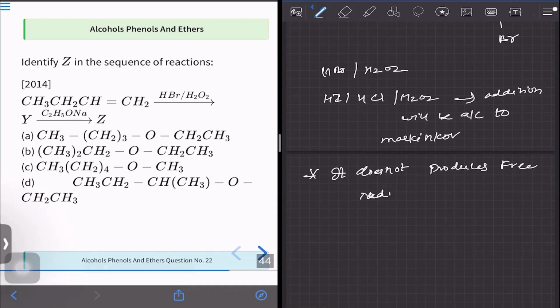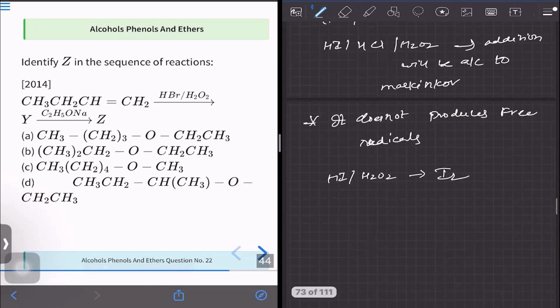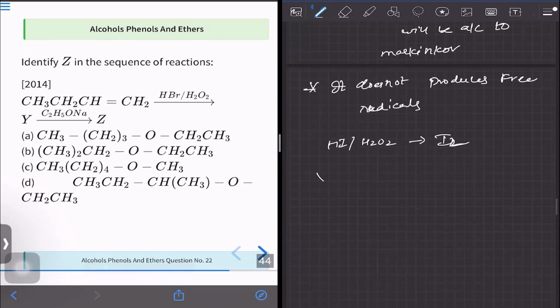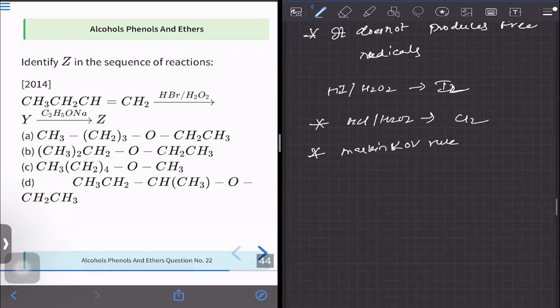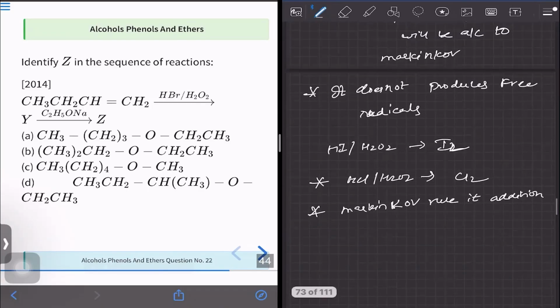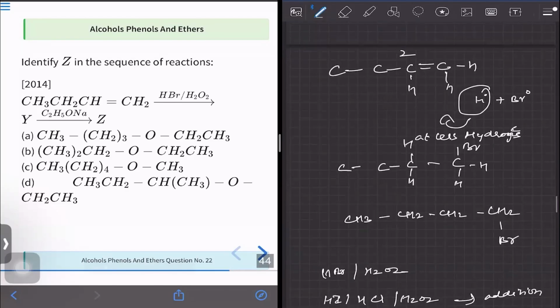HI in the presence of H2O2 produces I2, and HCl in the presence of H2O2 produces Cl2. So it does not produce free radicals, and addition takes place according to Markovnikov rule only. Only HBr follows a different rule because of this free radical production.